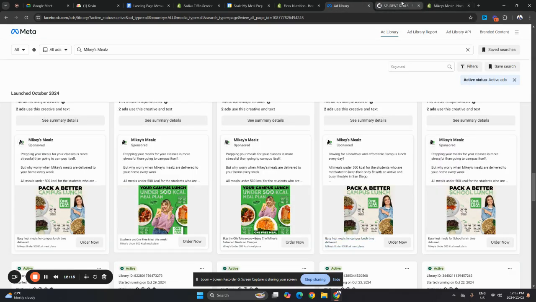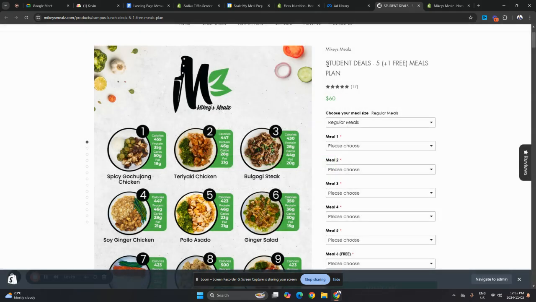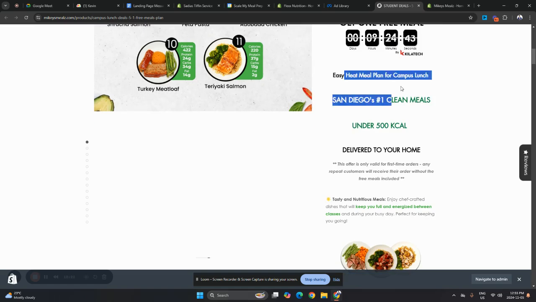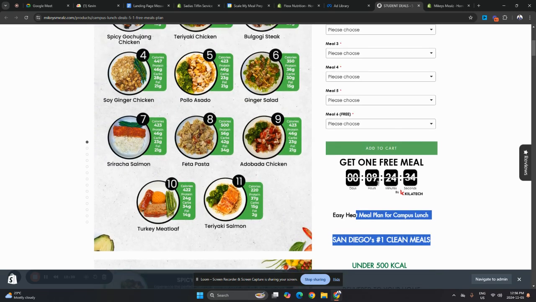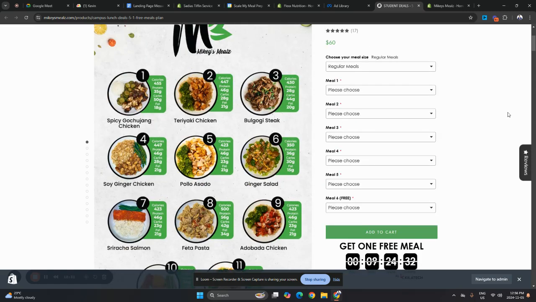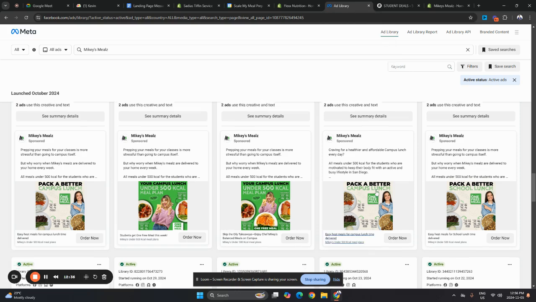So student deals, and over here it talks about student deals, literally the title, and then it says easy heat for your campus lunch, and then obviously the copy would be somewhat different. Although the meat and potatoes is basically the same thing, it's just for students, so it's a different audience, but it's still low calorie meals for the most part.